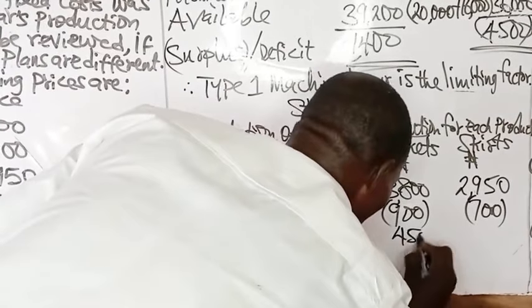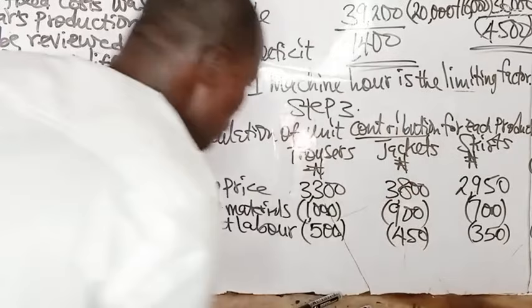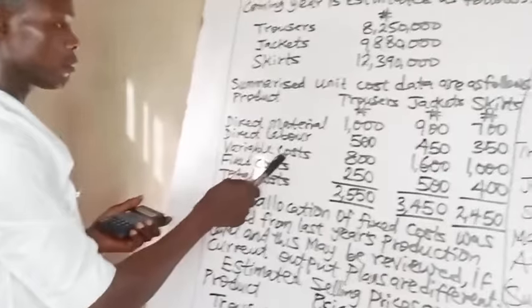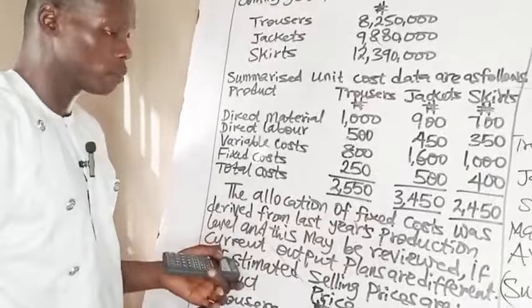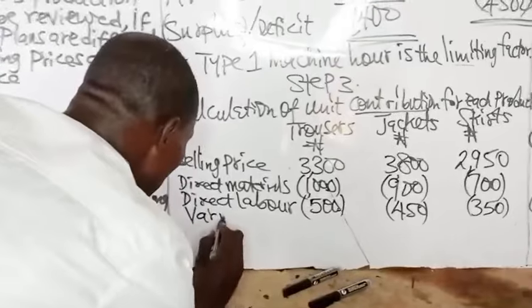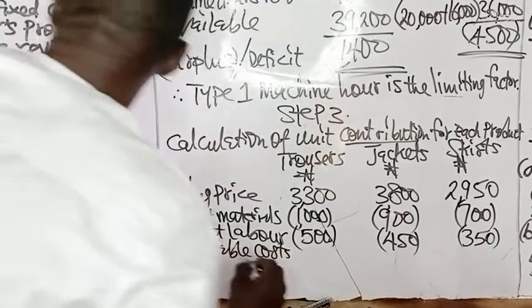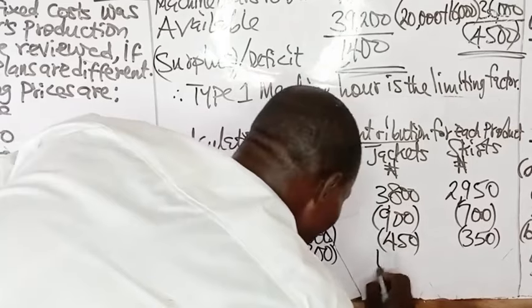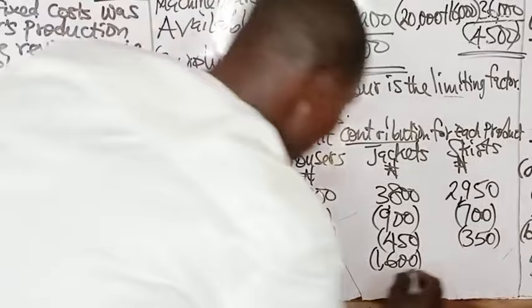Then we also have variable overhead cost of 800, 1,600, and 1,000.